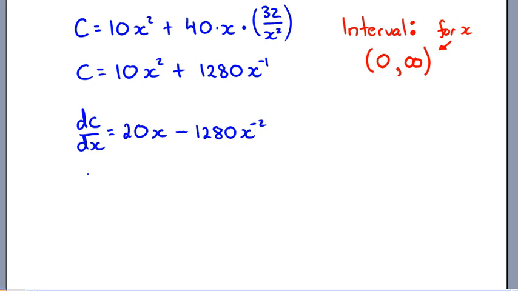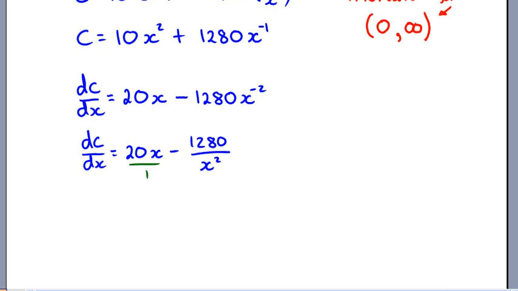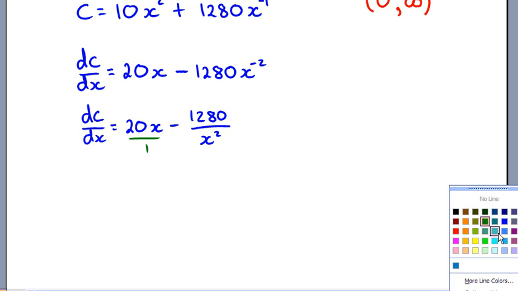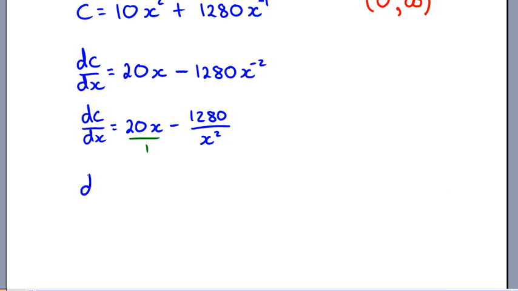Well, I can't really imagine when that's equal to 0 very easily, so I'm going to rewrite this a bit. That's like 20x minus 1,280, all on top of an x squared. Right now, this 20x is just sitting on top of a 1. So I'm going to rewrite that. Let's go for a common denominator here. dc dx. I'm going to sit on top of x squared. See what it looks like.